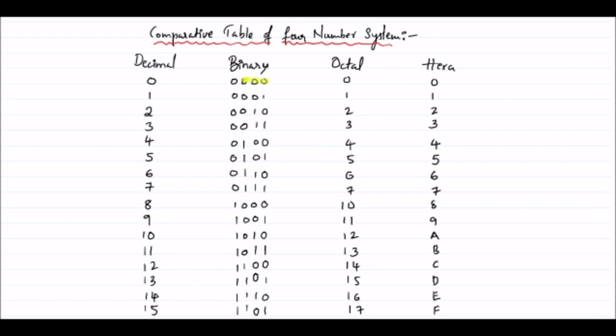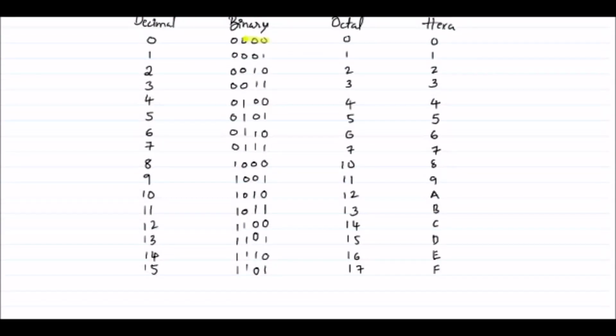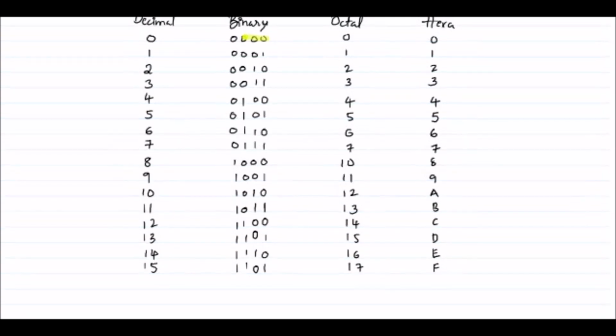So as you can see, I have written the decimal values from 0 to 15, and binary values from 4 zeros to 4 ones.